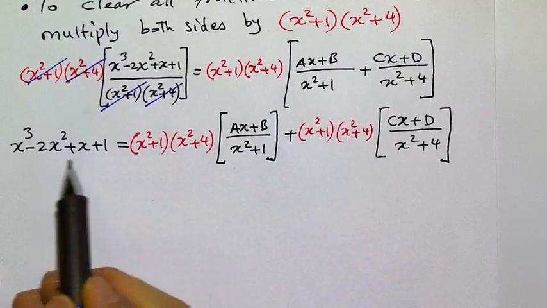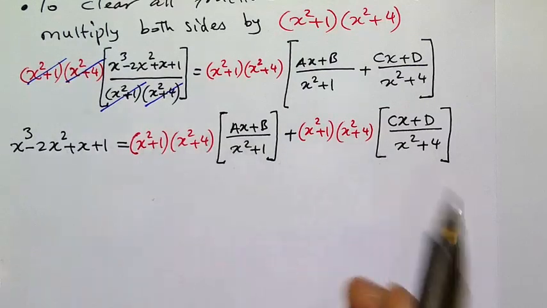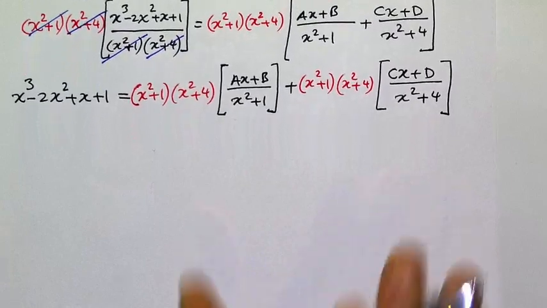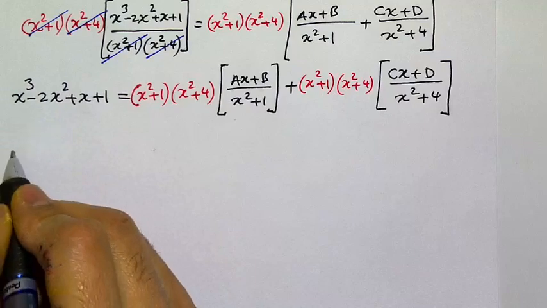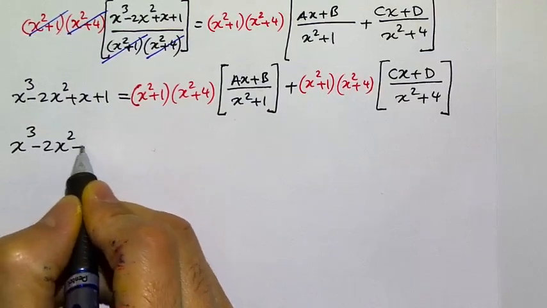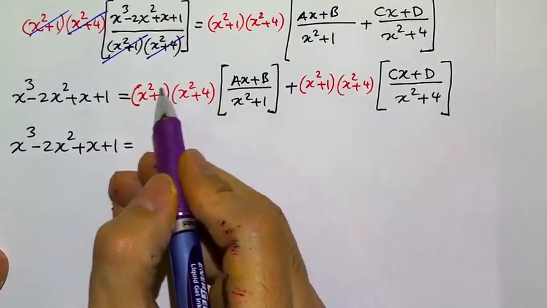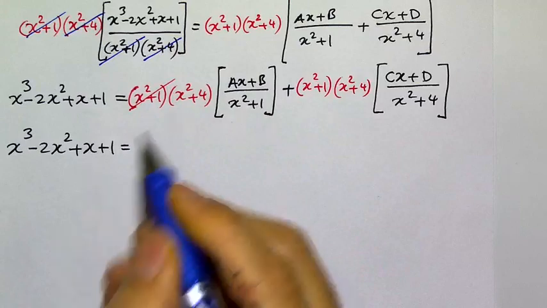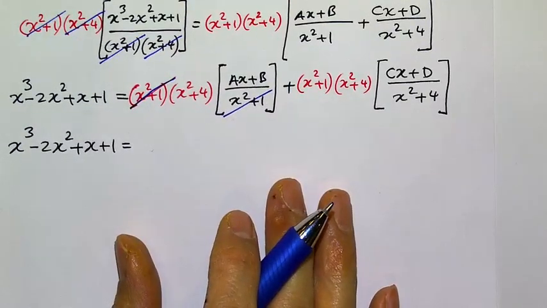Okay. Now, the left side is okay. There's no fractions on this side. But let's simplify the right side. So I'll start with the same expression on this side. So we have x cubed minus 2x squared plus x plus 1 equals. Notice that this expression and this expression cancel each other out.